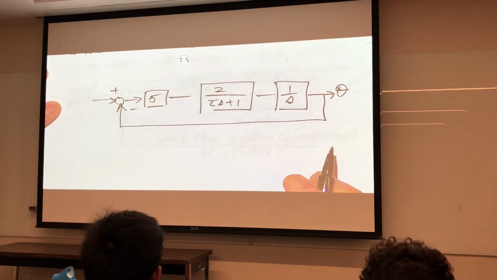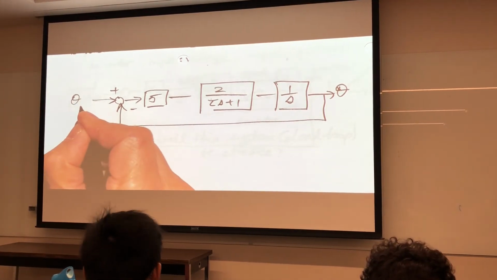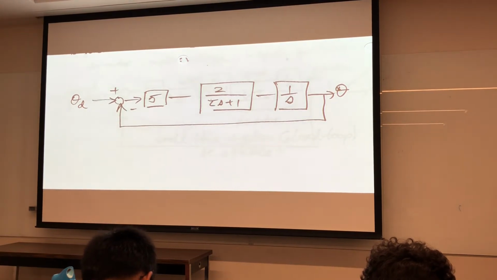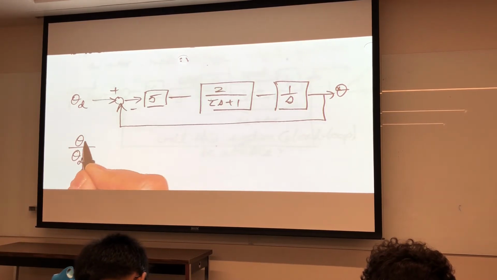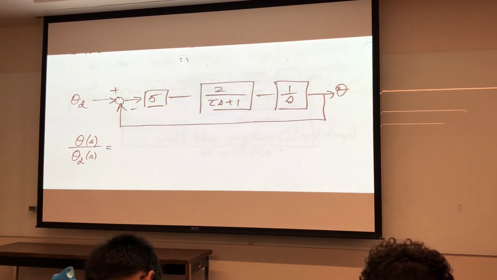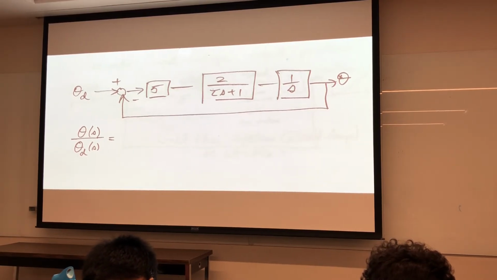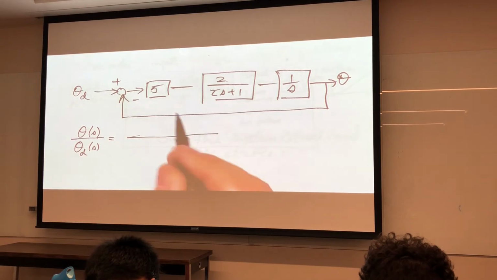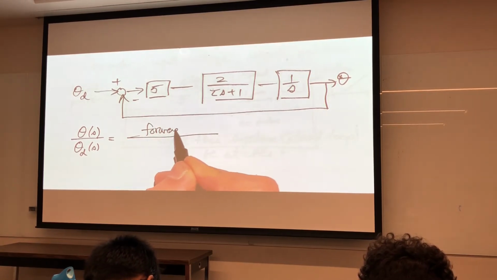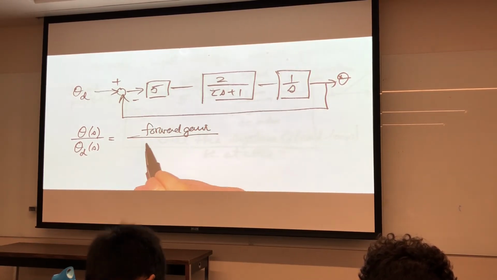Let's call it theta. This is the desired position, theta desired. Let's find the transfer function between theta and theta desired. The transfer function is a ratio. It's a ratio, not in time, but in the S domain. And we've learned this week that we can find the model of a feedback system. It's forward gain over 1 minus the loop gain.